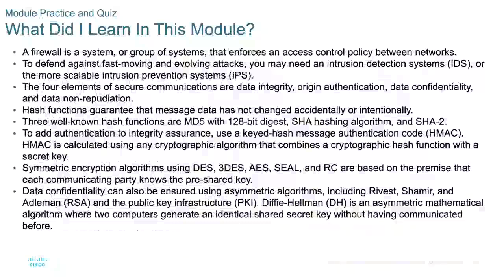We then had a look at what devices can help us in securing our network: firewalls, adaptive security appliances, AAA servers, and intrusion prevention systems. We looked at the protocols that allow us to protect our data, securing the data integrity, the origin authentication, and the confidentiality, using hashing functions.